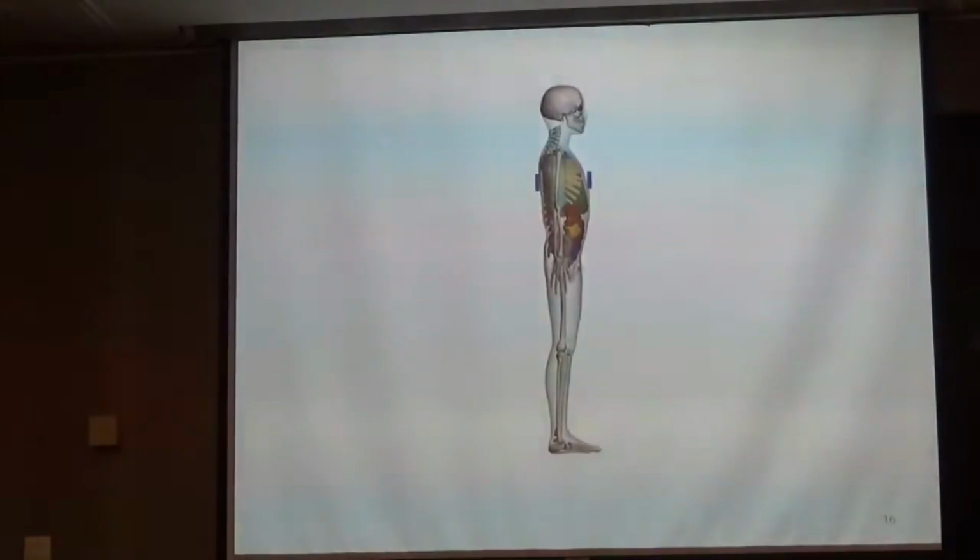This phantom was irradiated in irradiation geometries anterior-posterior and posterior-anterior. We select two irradiation geometries.